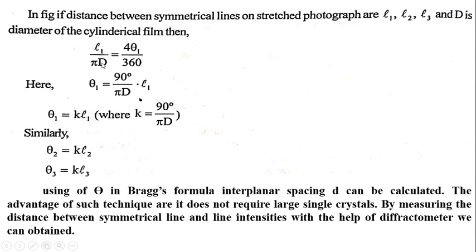Then L1 upon pi into d equal to 4 theta 1 upon 360, and therefore theta 1 equal to 90 degree upon pi into d, into L1. So theta 1 equal to k into L1, where k equal to 90 degree upon pi into d. Similarly, theta 2 equal to k into L2 and theta 3 equal to k into L3.